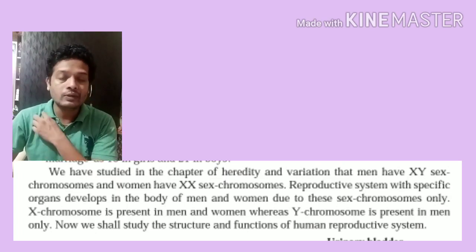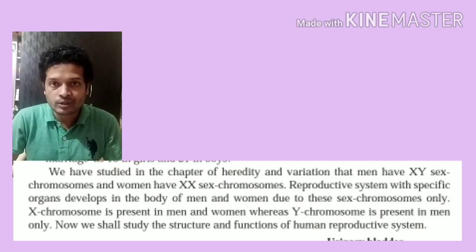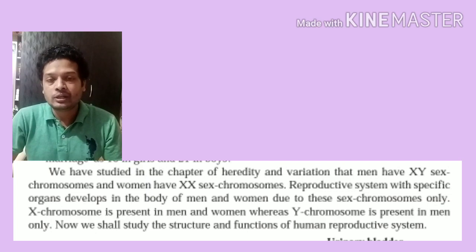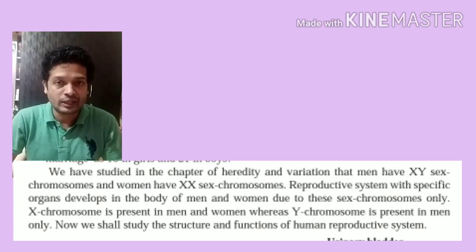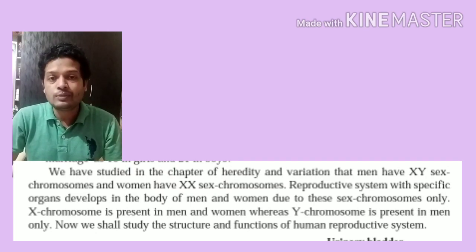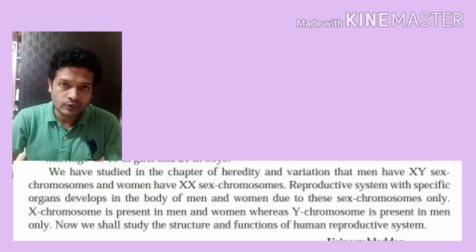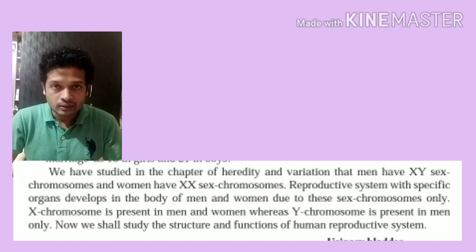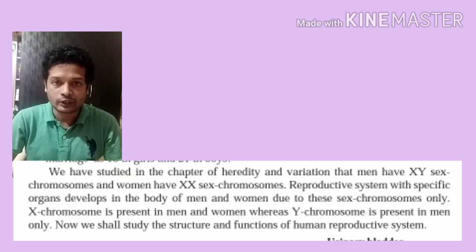Later we studied that by the process of meiosis, the male forms sperms and the female forms egg or ovum. The sperm has half the chromosomes, that is 22 plus X or 22 plus Y, and the female egg has 22 plus X. So it is a matter of chance whether a Y chromosome containing sperm or an X chromosome containing sperm fuses with the egg. The progeny will either be a male or a female.